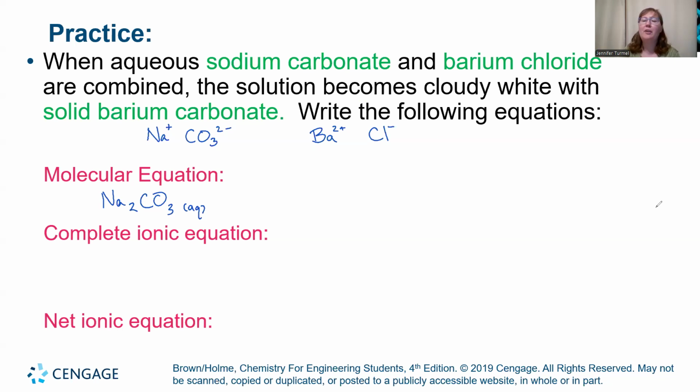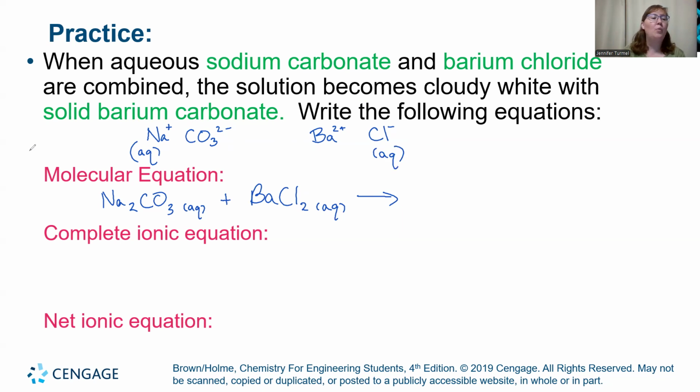Now we have our barium and chloride, and we can see from our solubility rule 3 that chloride ions tend to be soluble, even with barium. So we bring this together and get BaCl2, and that's aqueous. We know that our sodium is going to be soluble, and chloride is usually soluble as well.